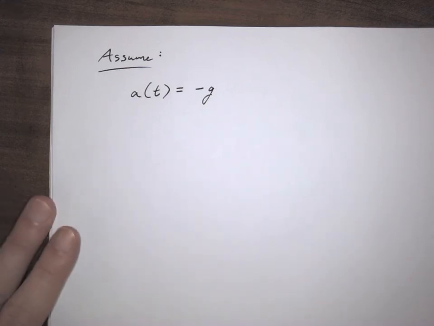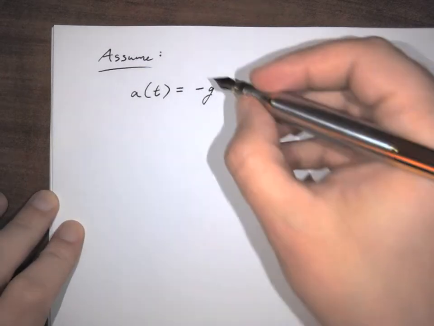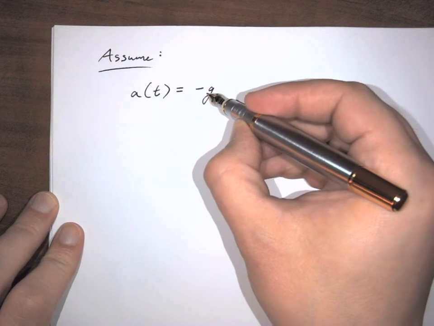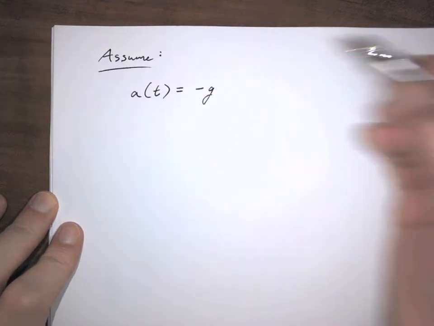In the case of some other planet or moon, it would be some different number. But here we're going to assume that this is constant.